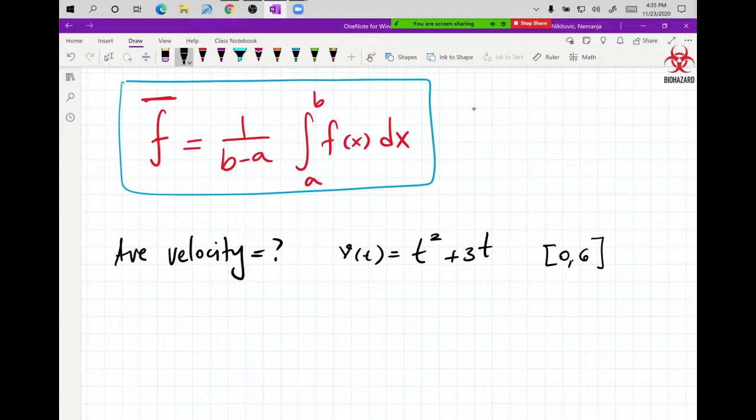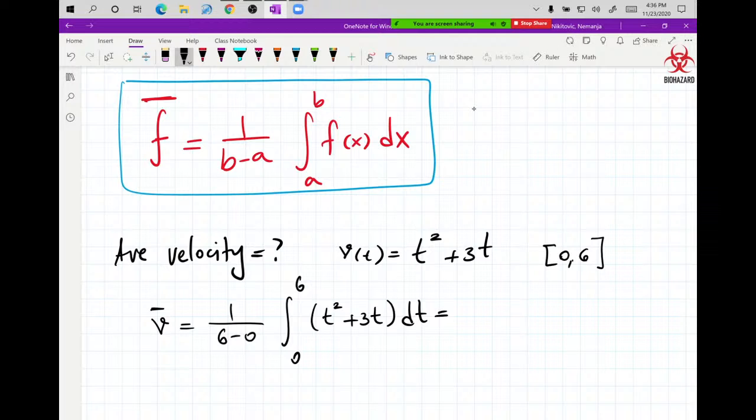Well, that's not a problem. To calculate average velocity, we are going to say average velocity is 1 over b minus a, that's 6 minus 0, integral from 0 to 6 of t squared plus 3t dt.